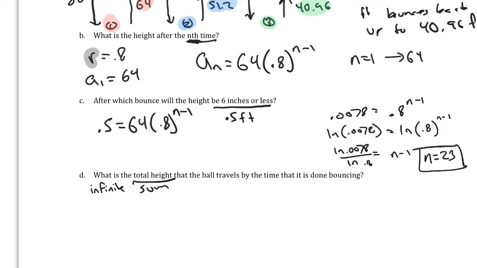And we kind of have two situations going on. We have the downs. So the ball goes down 80 feet, and then it bounced back up, which I'll do in red, 64, but then it went down 64, then it went up 51.2, oops, and then back down 51.2, and so on.